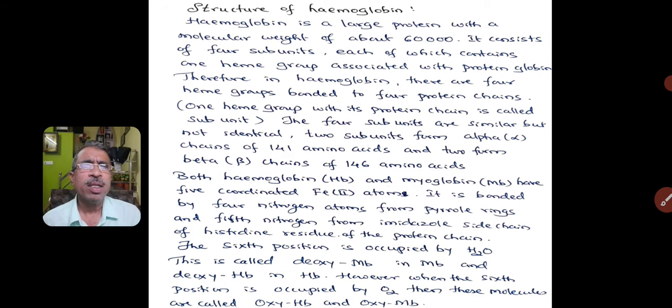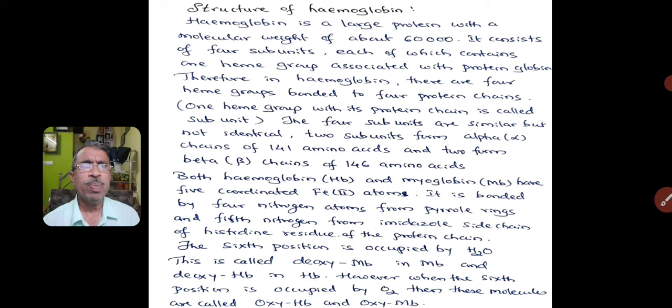Now coming to the structure of hemoglobin. Hemoglobin is a large protein with a molecular weight of about 60,000. It consists of 4 subunits, each of which contains one heme group associated with the protein globin. Therefore, in hemoglobin, there are 4 heme groups bound to 4 protein chains.